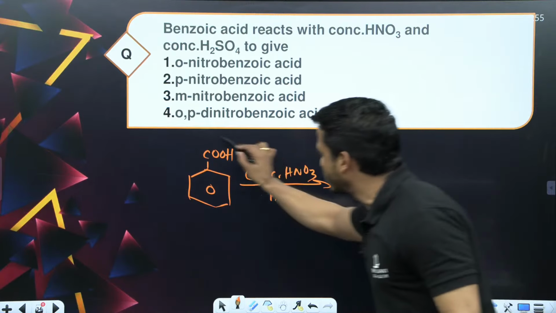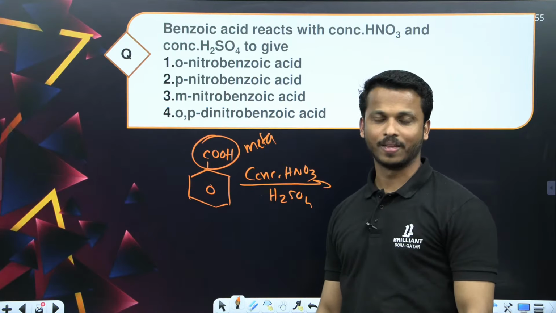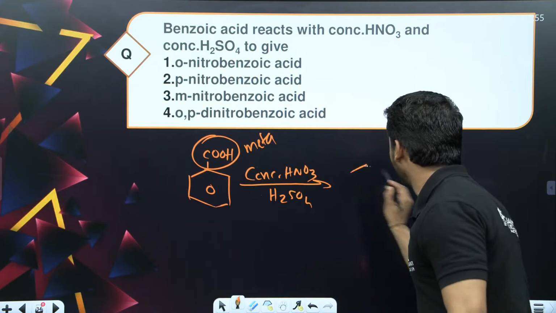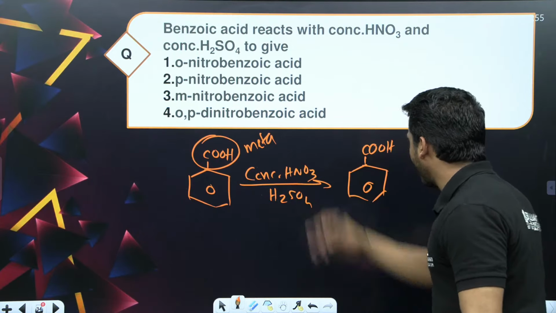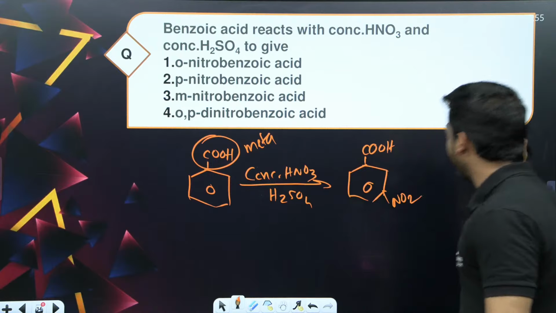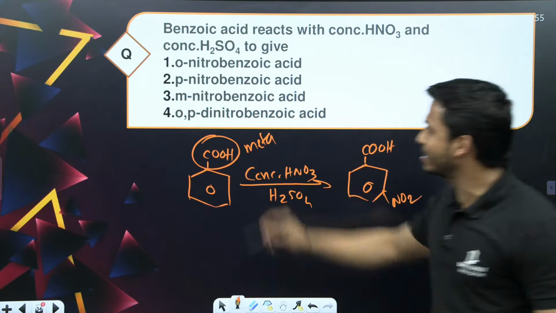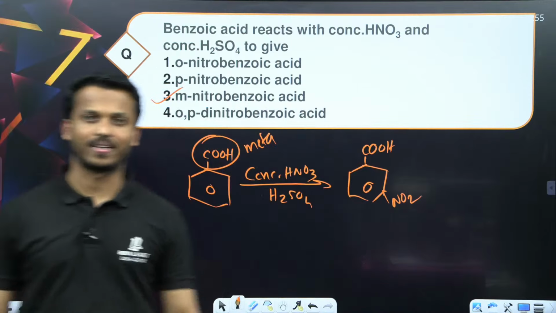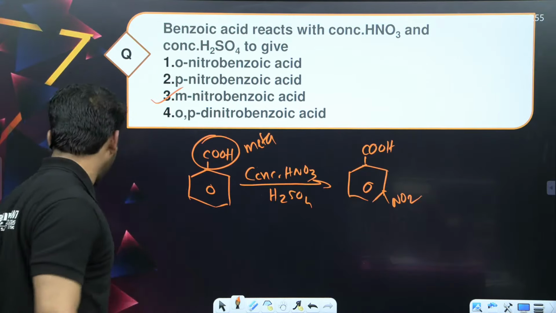You know very well, the acid group is a meta-directing group, my dears. So we can say the nitro group goes to which place? The meta position. You will get meta-nitrobenzoic acid. Yes, my dears, option 3 is the correct answer. Very carefully check whether the existing group is meta or ortho-para directing.